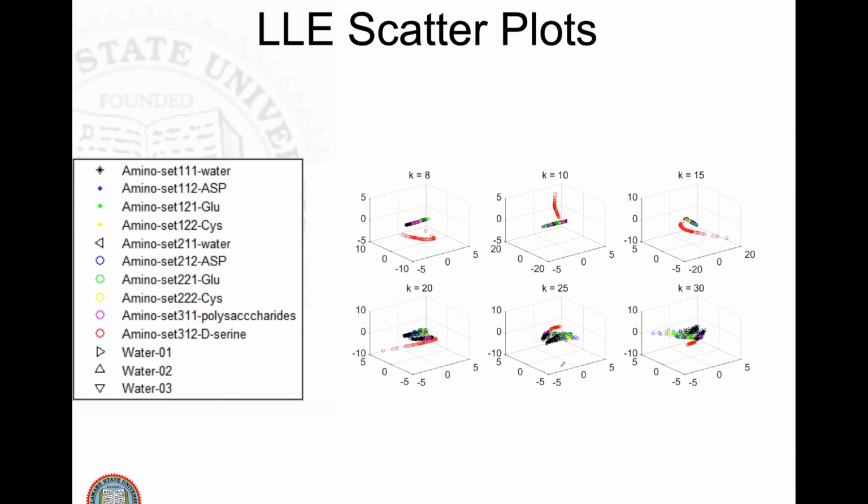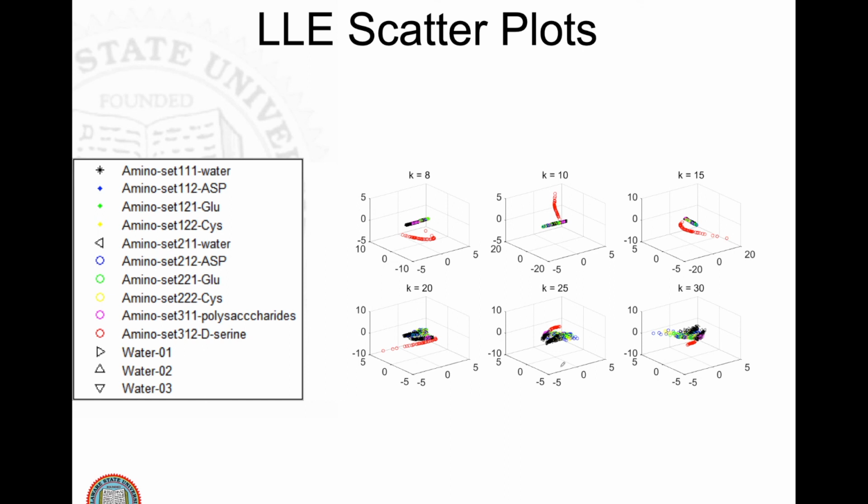And so we also tried LLE, locally linear embedding, and with LLE, we again plotted the top 3 principal components. We looked at different neighborhood sizes: k equals 8, k equals 10, k equals 15, and these components were the top 3 features that we used in a down projection for LLE.